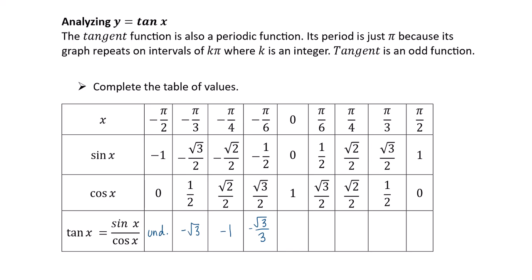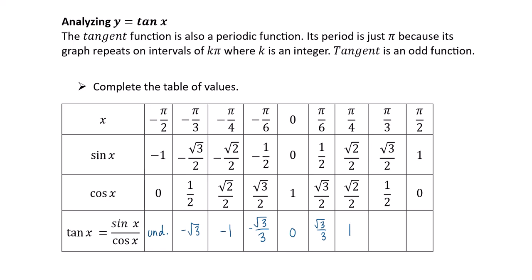Next, for an angle of 0, 0 divided by 1 is 0. Next, for an angle of pi over 6, I have 1/2 divided by square root 3 over 2, and that's going to give me a positive square root of 3 over 3. For pi over 4, I divide the sine and cosine, I get a +1.